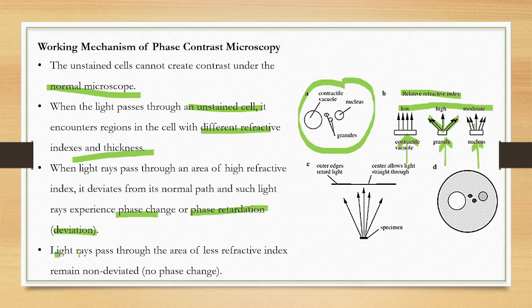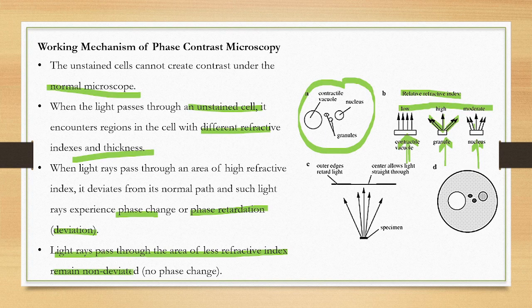Now, when the light rays pass through an area of less refractive index, for example here in this picture, the contractile vacuole, it remains non-deviated because its thickness or density is lower.